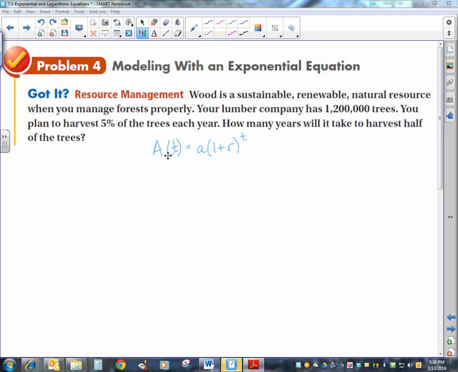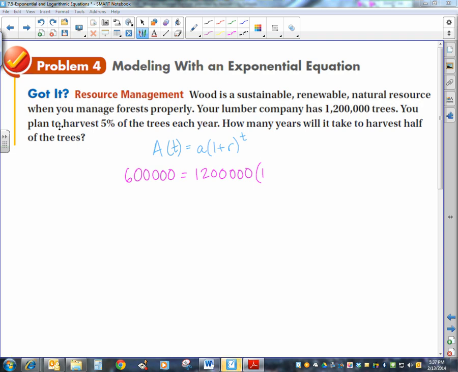All right, we are looking for how many years will it take to harvest half the trees. So hopefully y'all can figure out that half of 1.2 million is 600,000. So we'll put 600,000 over here. And we of course started with 1.2 million. Now, I'm harvesting the trees.